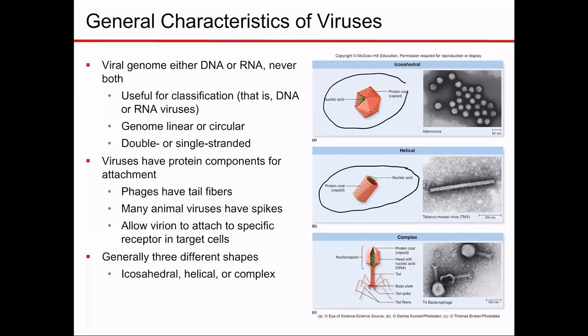This is the real virus using electron microscopy. You can see that shape there. And then finally, there are viruses that you cannot classify into icosahedral or helical because they combine different structures, like for example, this bacteriophage that you see right here. And in this case, we're going to call these viruses complex viruses.